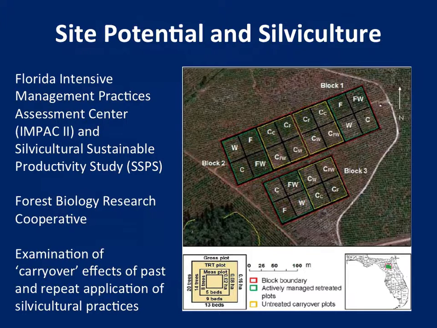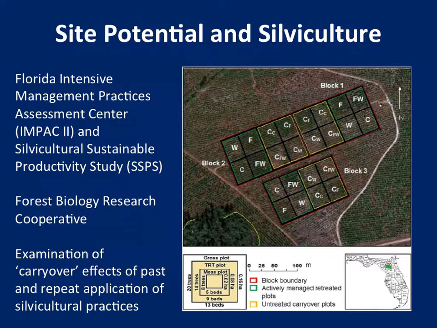And what these studies are set up to do is examine the effect of past silvicultural treatments on this rotation's productivity. And so over here we see the design of the IMPACT site, which is now called the IMPACT 2. And these FWCs reflect fertilization, weed control, just bedded and planted with site prep, and then fertilization plus weed control.